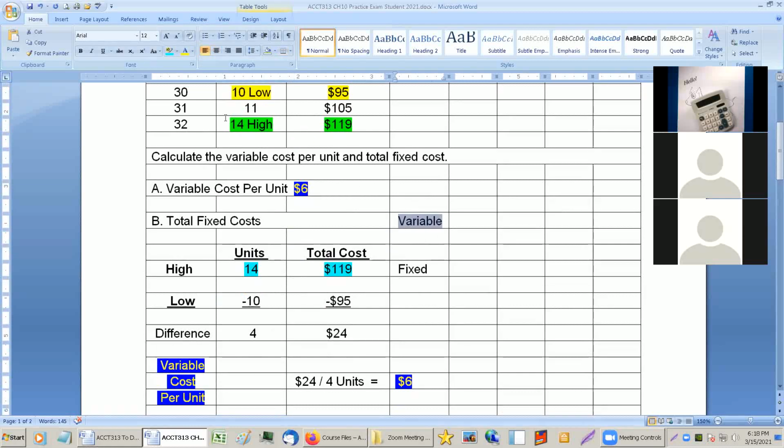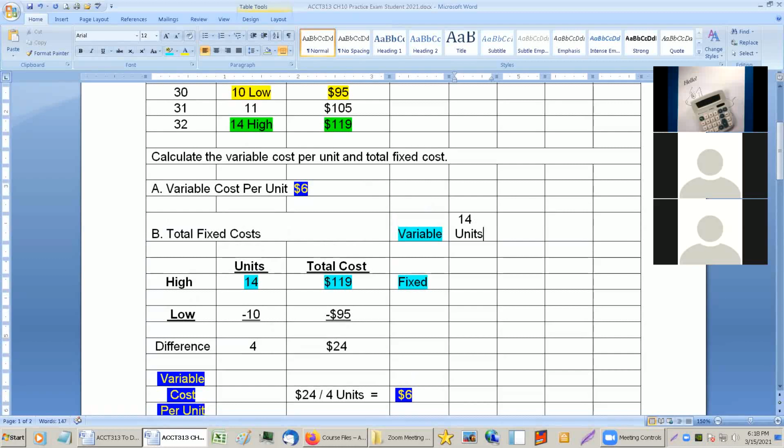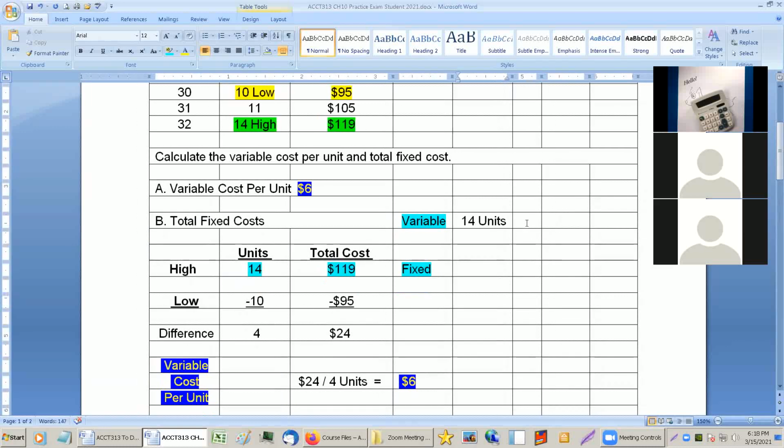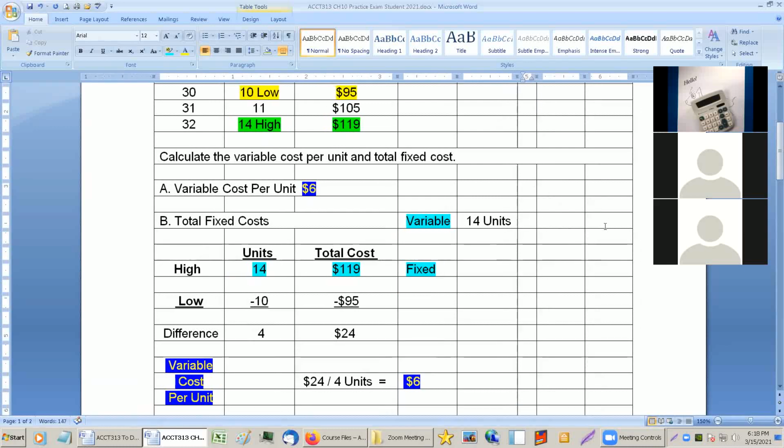So what we're going to do is take the units, 14 units, times $6 a unit.